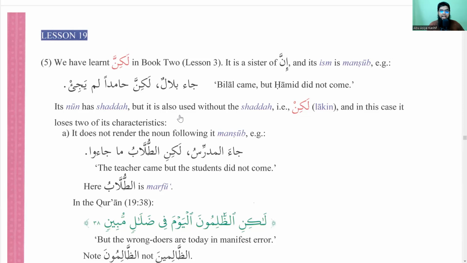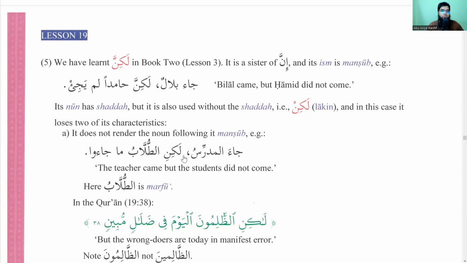But it doesn't act that time. Right? It's not an amil that time. It's ghayru amila. In that case, it loses two of its characteristics. One, it does not render the noun following it mansub. So no longer will you make it mansub. Like here, lakinna hamidan is mansub because of lakinna. But if you want to use lakin, which is very common in the Quran, by the way, lakinil ladhina zalamu.